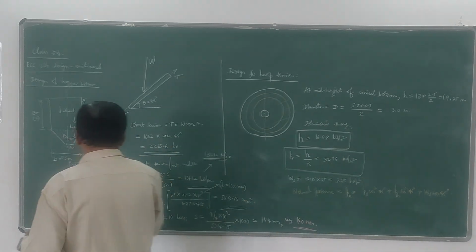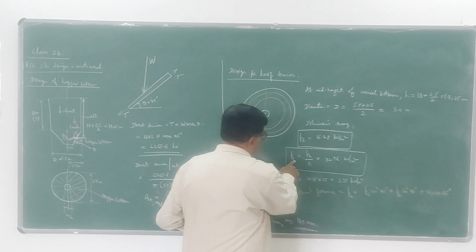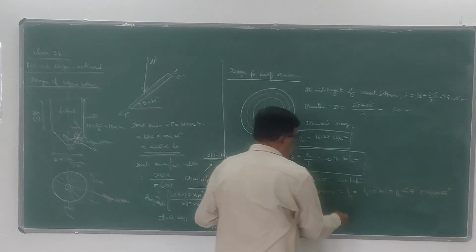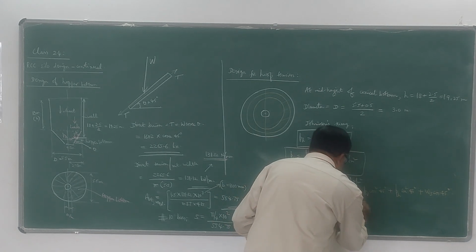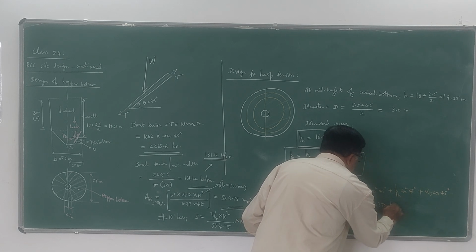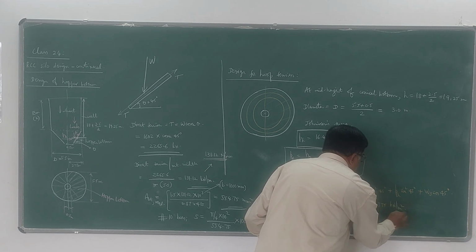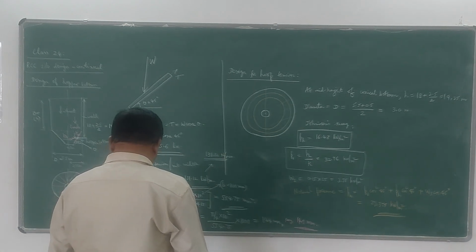If you substitute these values of pH, PV and Ws and simplify, you will get the normal pressure as 27.375 kilonewton per meter square.